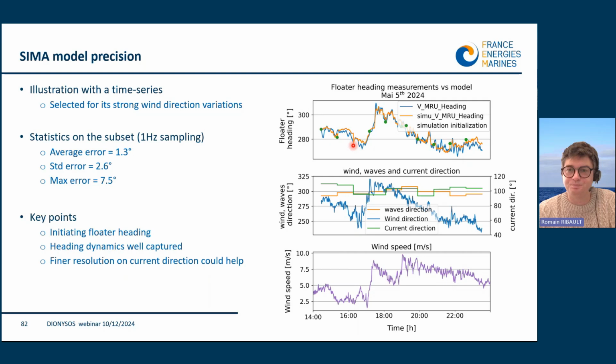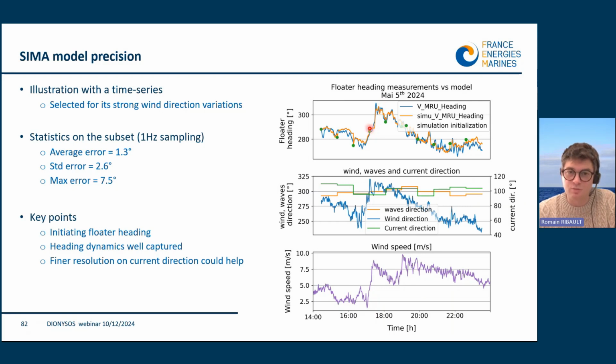We chose to illustrate this dataset because you have a big shift in wind direction and also in wind speed. In less than about 1 hour, we have 80 degrees of difference in the wind, and along the way, the model is following it quite smoothly.